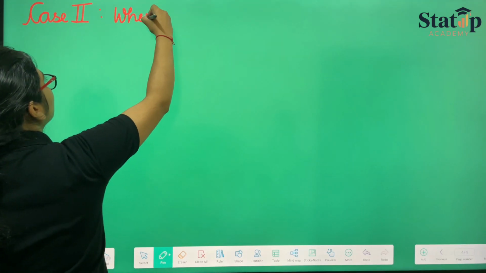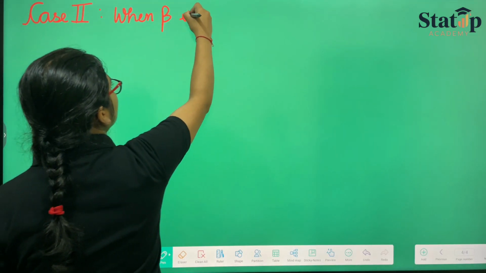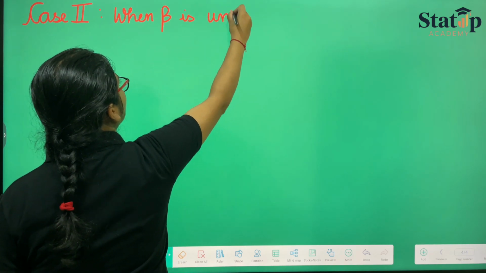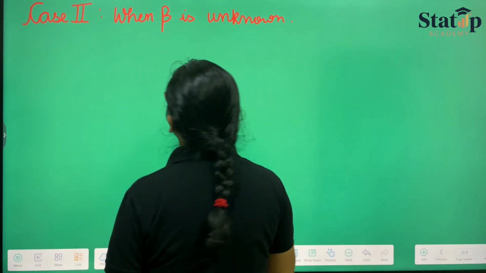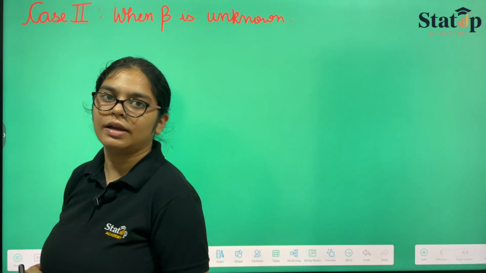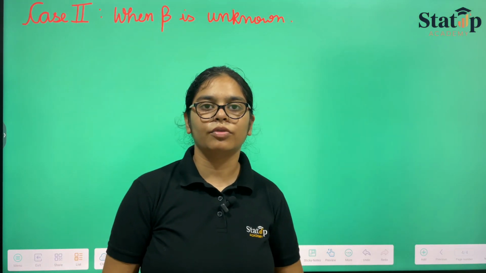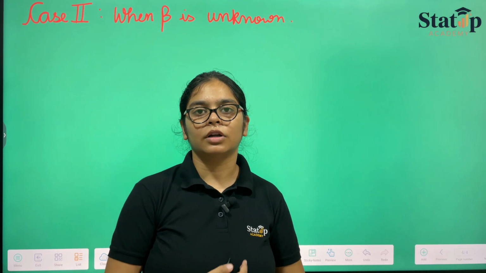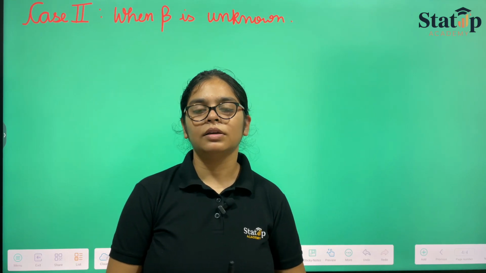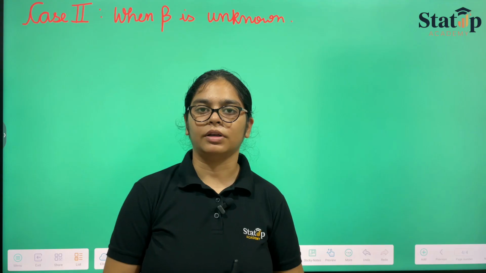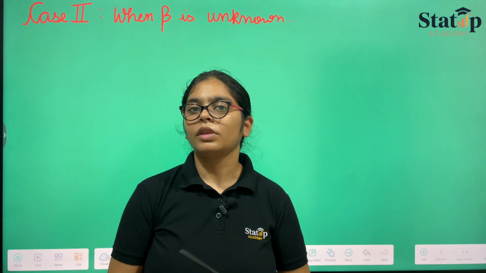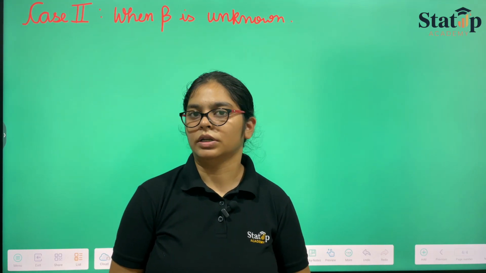Now there arises another case, which is case 2, when beta is unknown. We know that we cannot find the exact values of the bias and the MSE of the regression estimator in double sampling. So for this we use the approximation method.